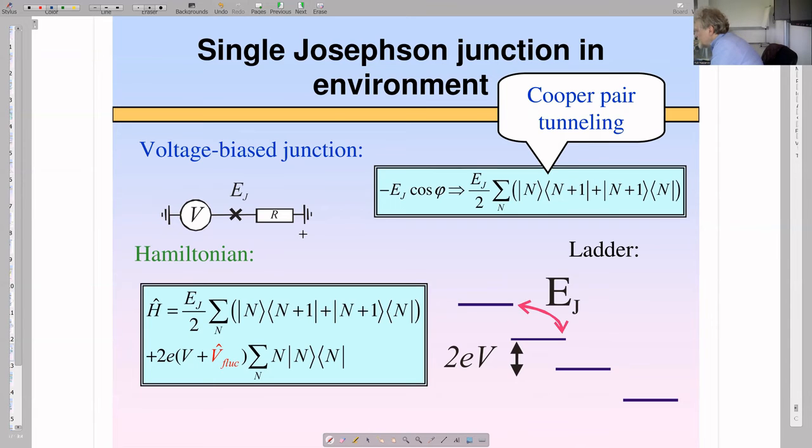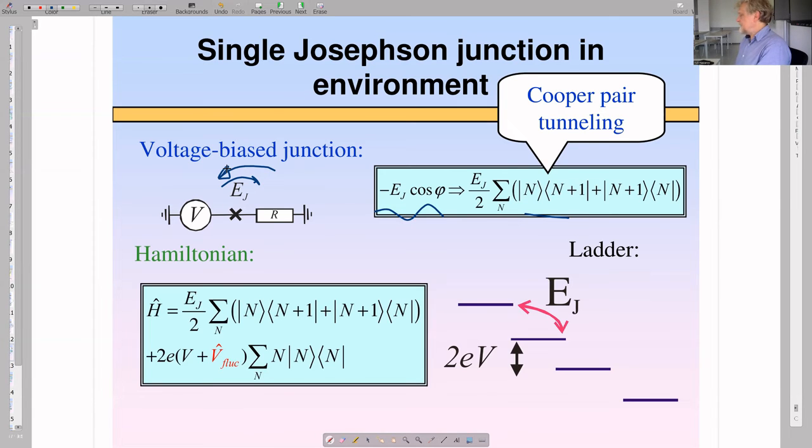Remember, in phase representation, it is just given by Josephson energy cosine phi. If you rewrite this in charge representation, each exponent in this cosine corresponds to a Cooper pair transition through this junction, either in this direction or in the opposite direction.